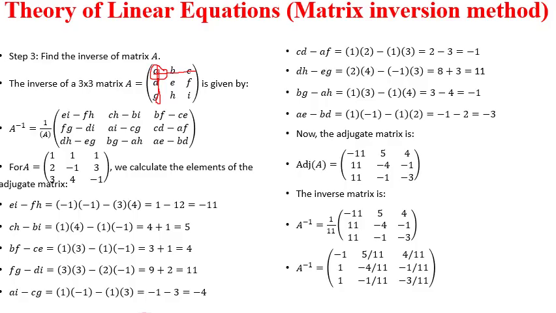The second element in this adjunct matrix is found by shifting from the first row to the second row. We just cover the elements in the second row to form the next minor. But this time around, we alternate the sign. By alternating the sign, instead of BI minus HC, it will then be HC minus BI, and that is what we've got here.